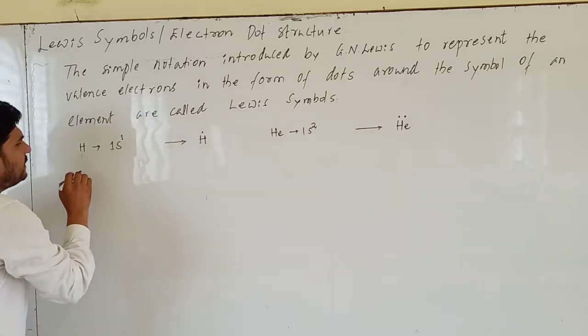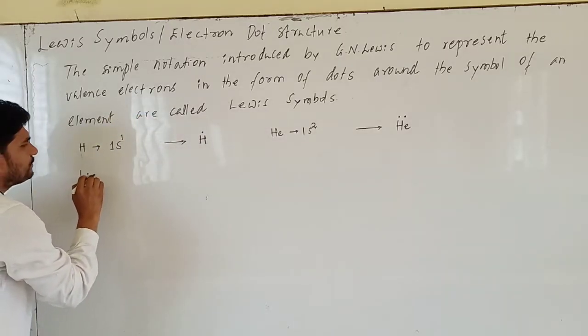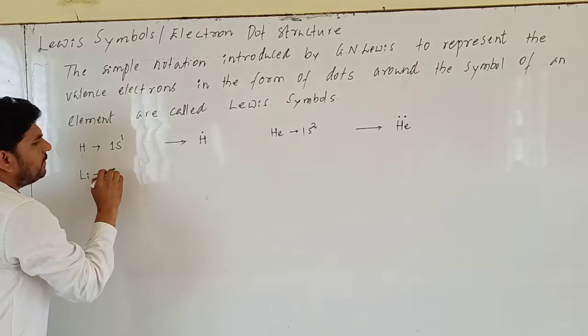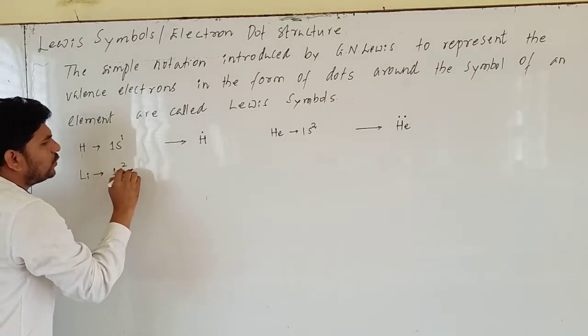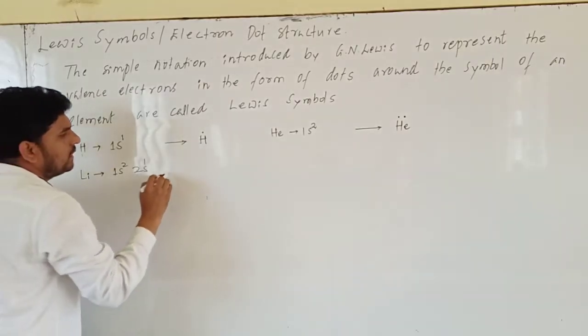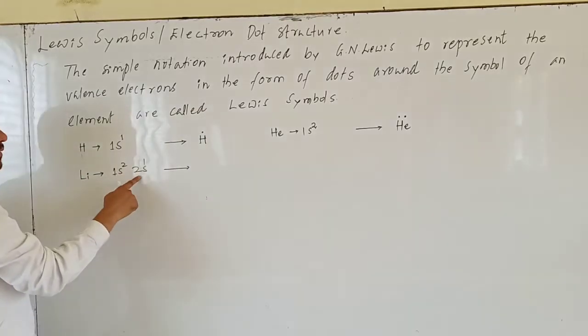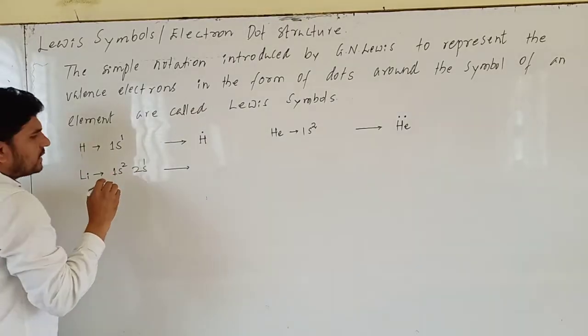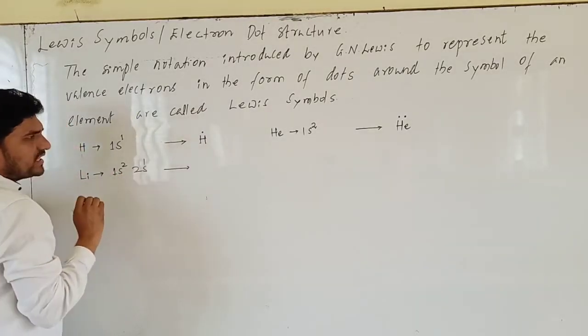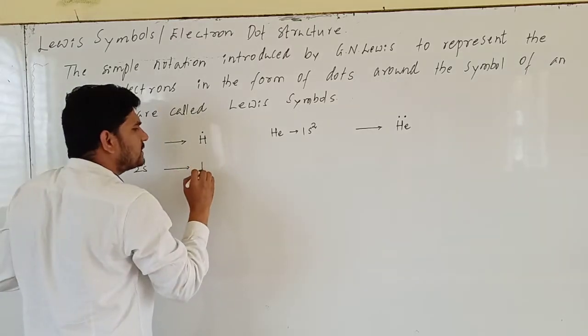Next, take lithium. Lithium is 1s2, 2s1. How many valence electrons are there? This is the valence shell, 2s1. Only one valence electron is there.